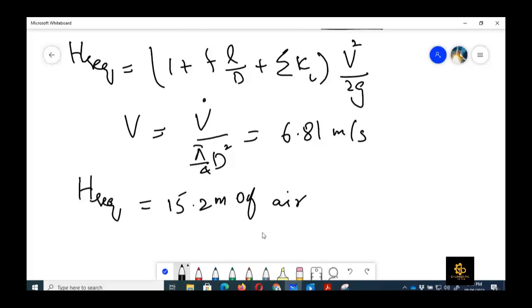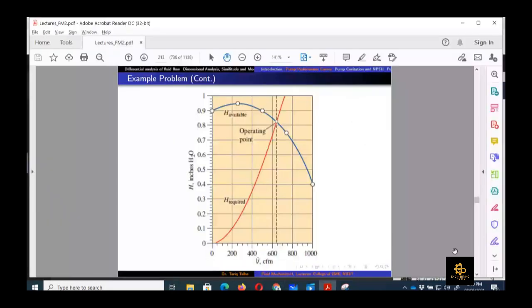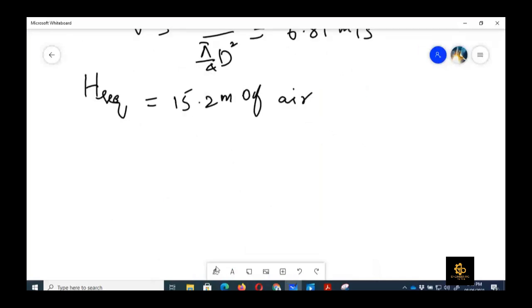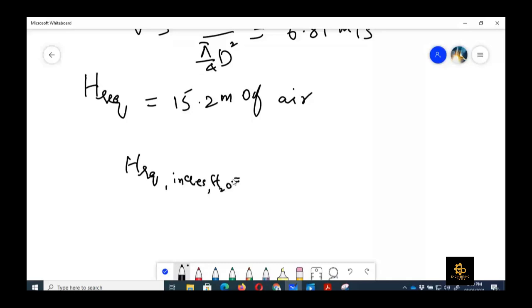Here, if you see, the unit is inches of H2O column height. So for that calculation, it is quite easy, we know how to convert it. H required in inches of H2O would be equal to H required in meters of air.